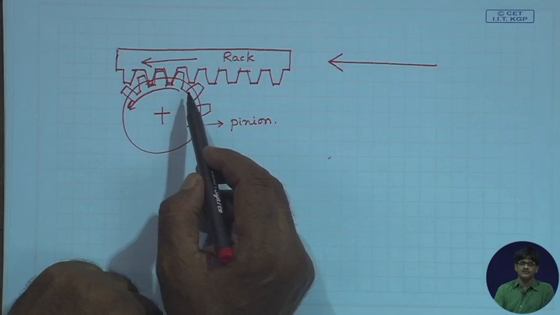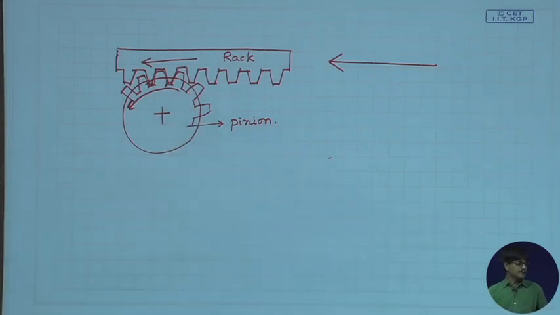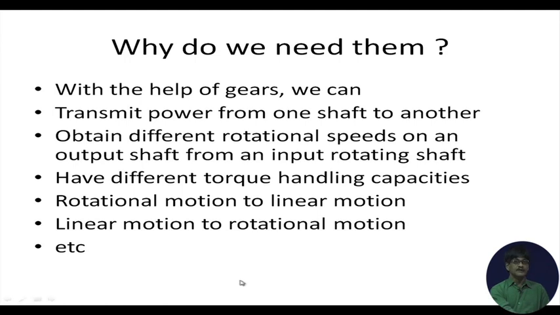So, coming back to our discussion, we can easily identify these uses of gears and many more. We have not mentioned many other functions, but these are simple, generic examples to make us realize that gears are very much essential.